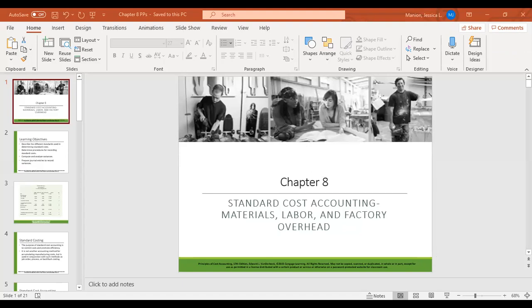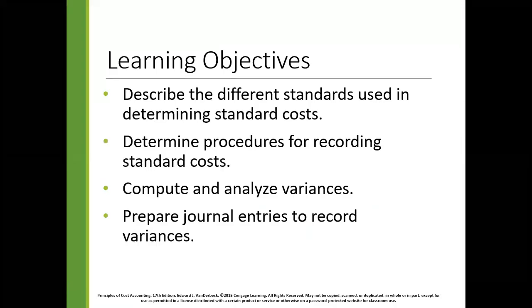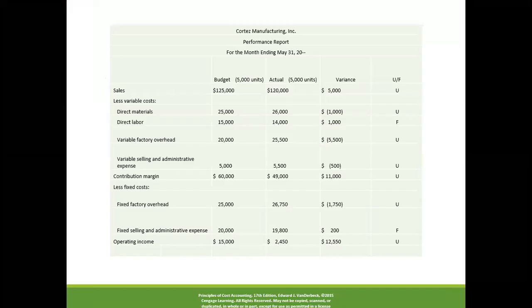Some of our learning objectives: describe the different standards used in determining standard cost, determine procedures for recording standard costs, compute and analyze variances, and prepare journal entries to record variances. So again, this is some of what we're going to get practice with.